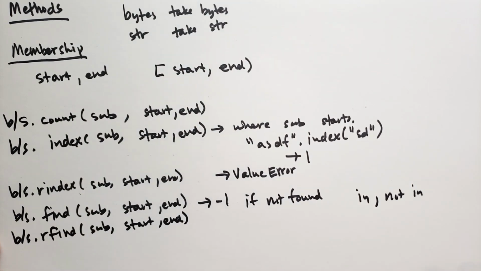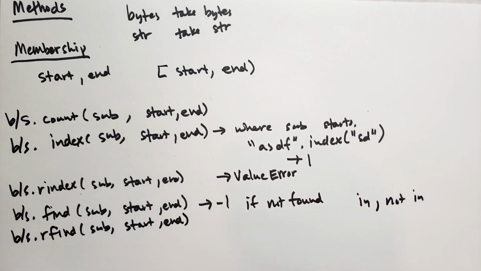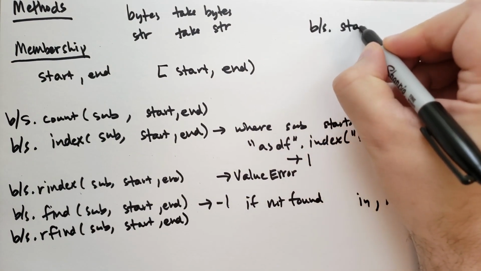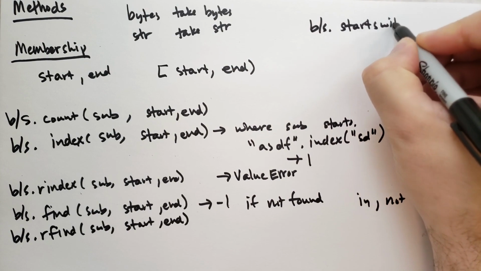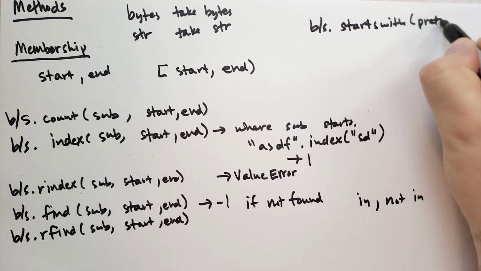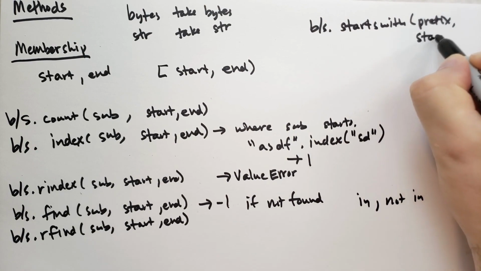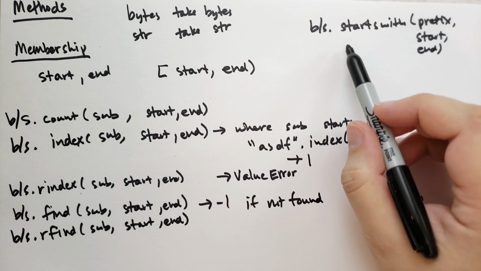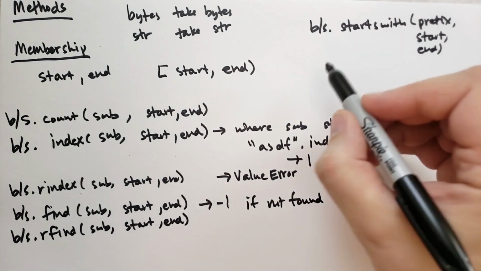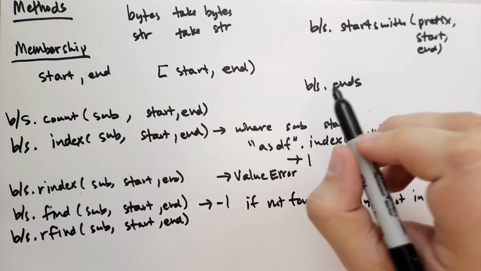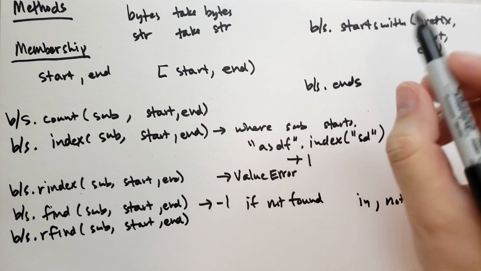And there's two more functions that I really enjoy, that I use quite often, you'd be surprised. And this is for both bytes and strings. You can do startswith, and you have the prefix, start and end. Okay, and this checks to see that the string starts with that. And then there is also endswith. I get these confused.